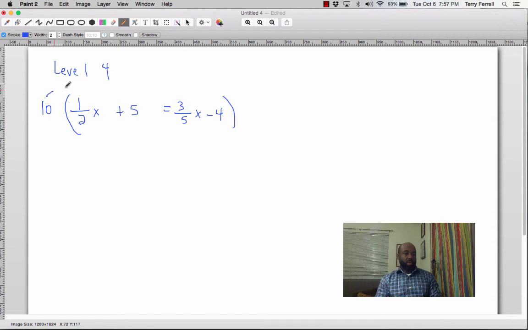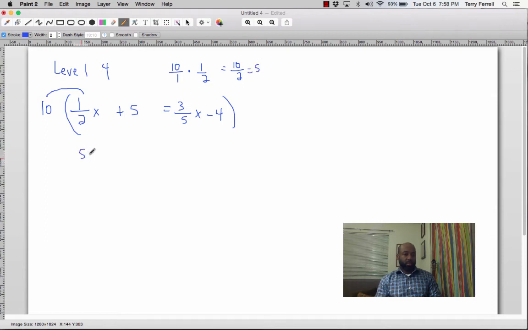So now you're going to go 10 times 1/2, which is really 10 over 1 times 1 over 2. Top times top, bottom times bottom, which is 10 over 2, which is 5.